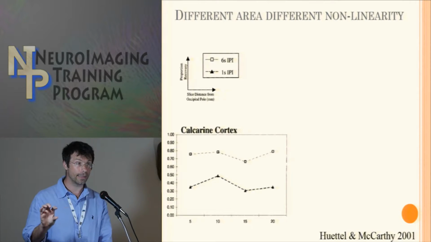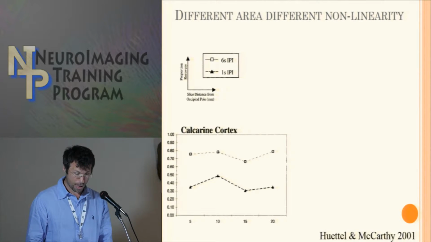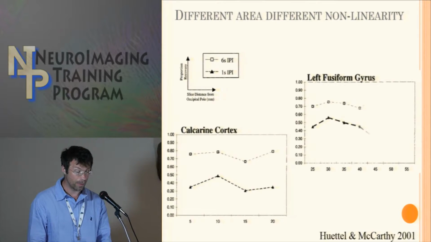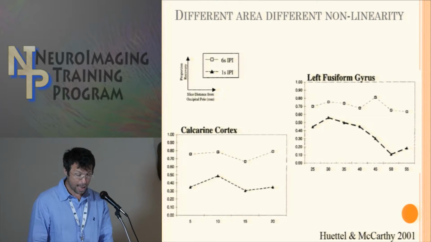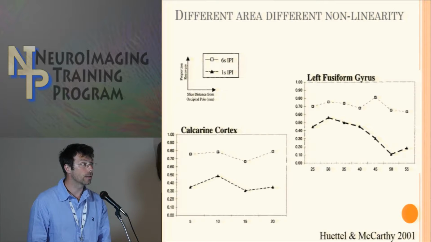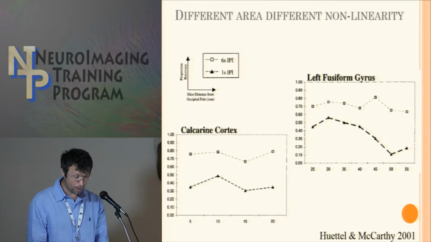If you have trials that are 6 seconds apart, the second trial is just about 80% of the first one. Now put them 1 second apart, and the second trial on average is maybe just about 40% of it. And it looks kind of like a straight line. Distance from the occipital pole doesn't matter.